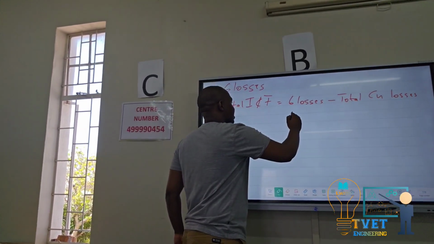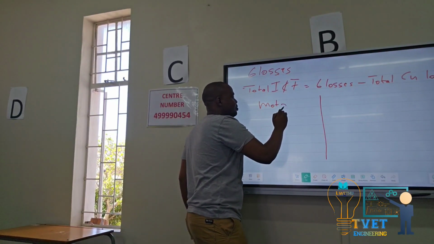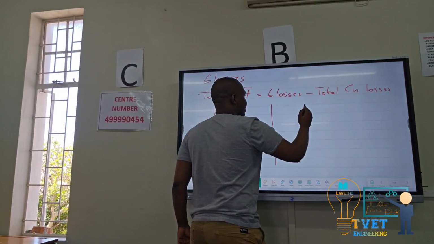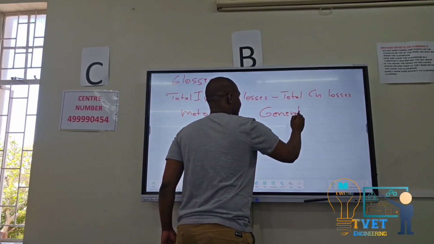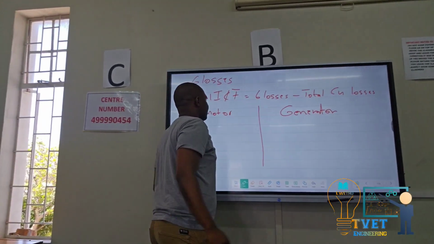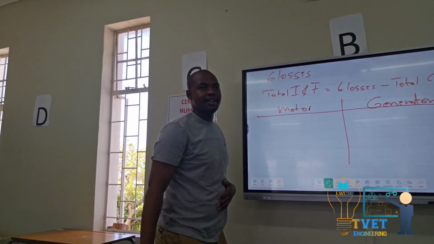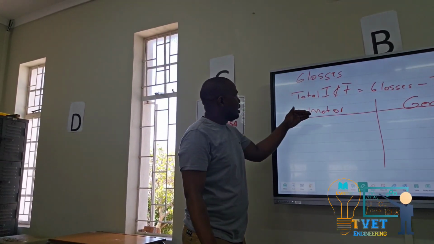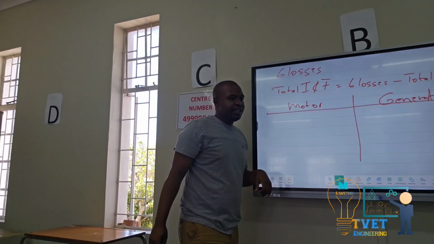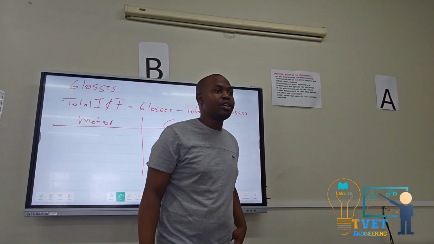So when I say draw a table, we have a motor here, we have a generator up here. Now, the copper loss: the field copper loss in your motor.